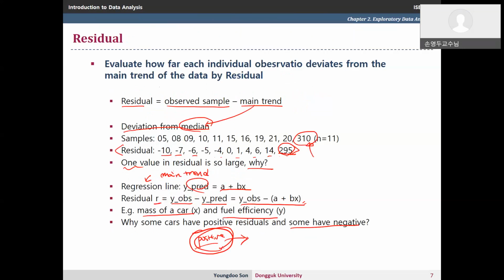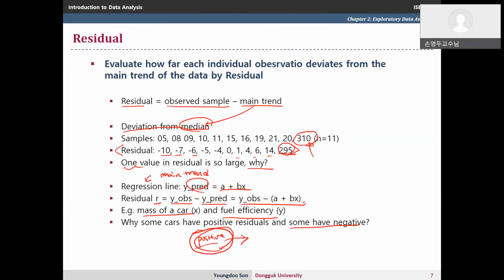And the next one is the residual. So residual is one of the important concepts in the statistics, which usually defines the deviations or errors. Okay, so remainders.